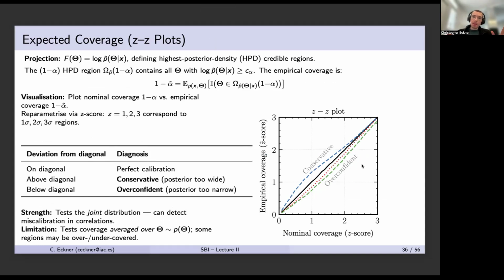So this rather goes in the direction that we discussed last lecture, of just saying, what does it mean for a Bayesian posterior to be a Bayesian posterior?